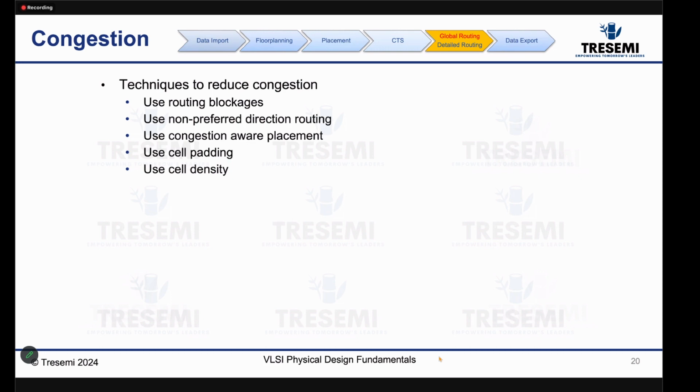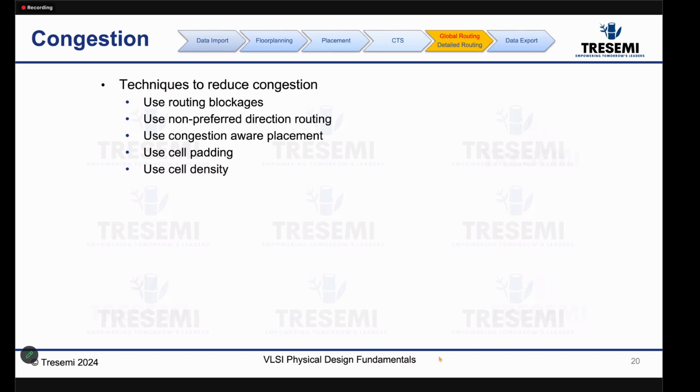It's very unlikely that you have perfect congestion after CTS, and all of a sudden you come into routing and the congestion is so bad, right? Usually congestion is okay but timing is bad, and then it's kind of okay. But if the congestion during CTS is really good and then you come to routing and congestion is really bad, usually that's not the case, right?